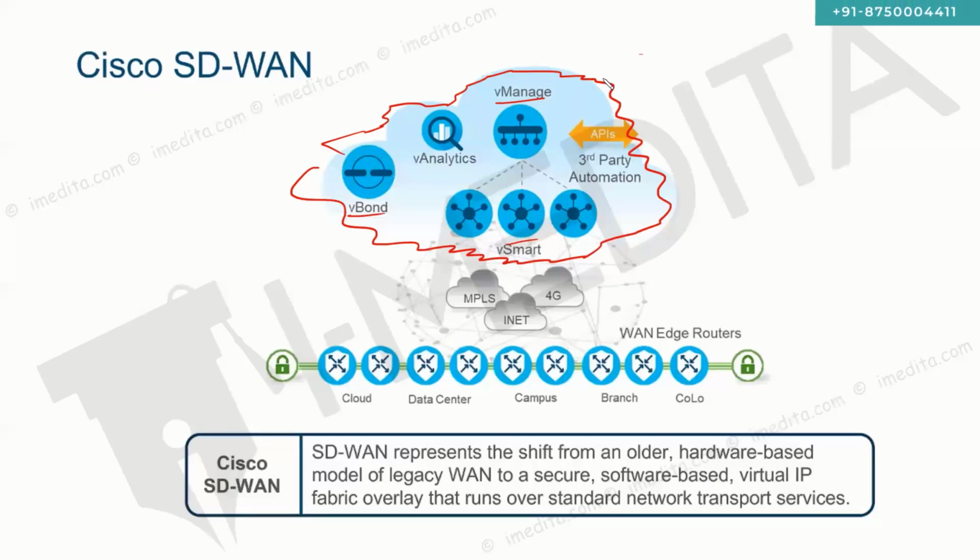But if you look at the Cisco SD-WAN architecture, they are using a distributed architecture. Why am I calling it distributed architecture? For different functions, they have different components. Ideally, you would see that other vendors have a common component. Take the example of Silver Peak.